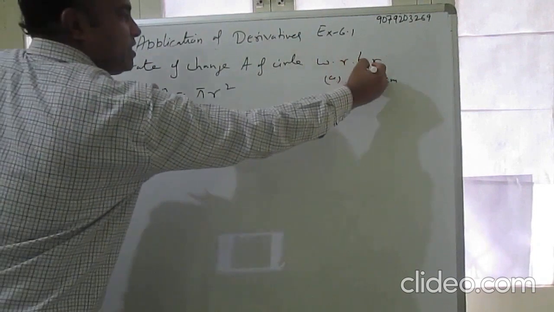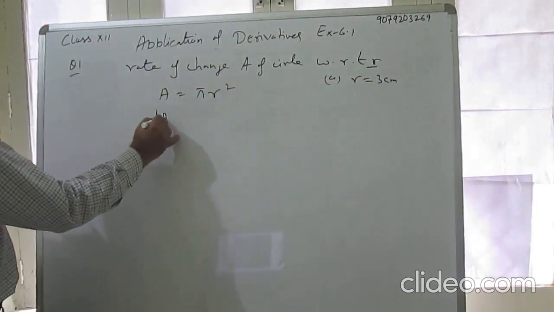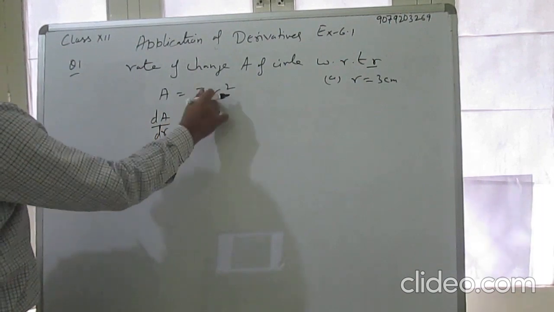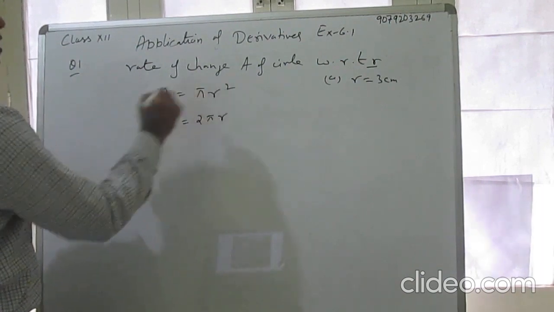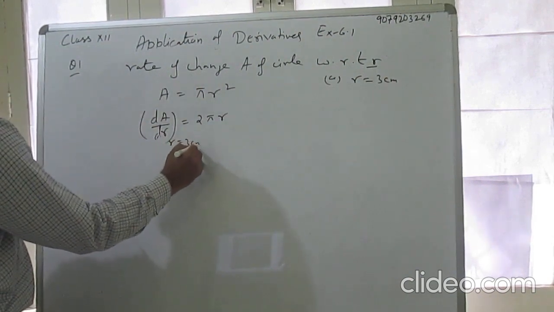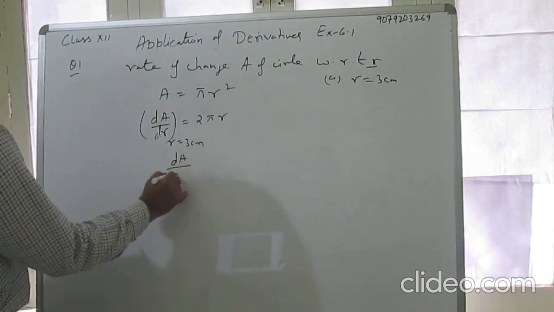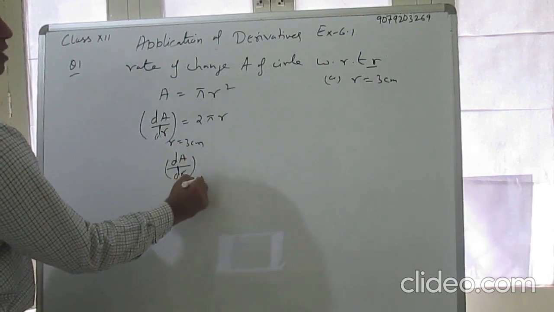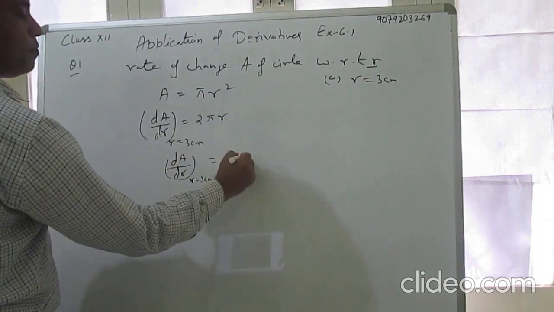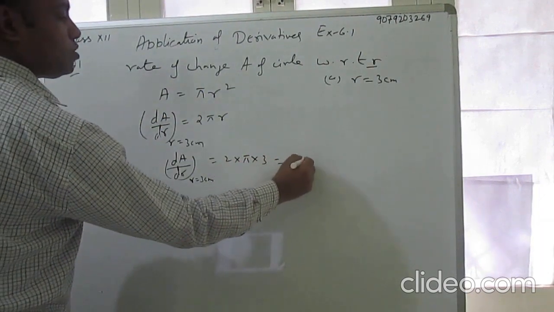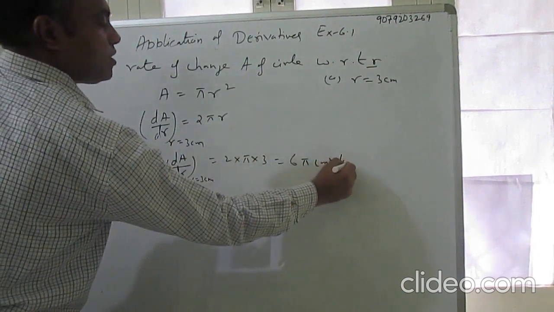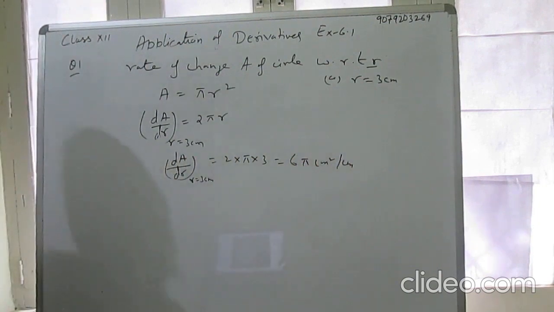You have to differentiate with respect to r, dA by dr. Pi is constant. What is the differentiation of r square? 2 pi r. Now you have to put r is equal to 3 centimeter. So dA by dr at r is equal to 3 centimeter is equal to 2 into pi into 3, 6 pi centimeter square, and radius unit is also centimeter. So this is the answer.